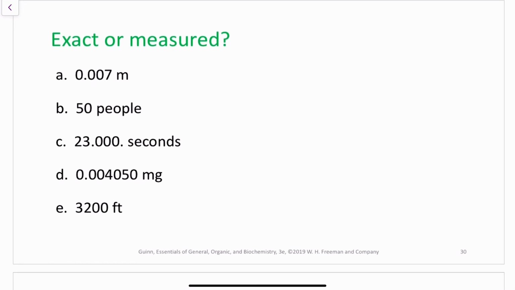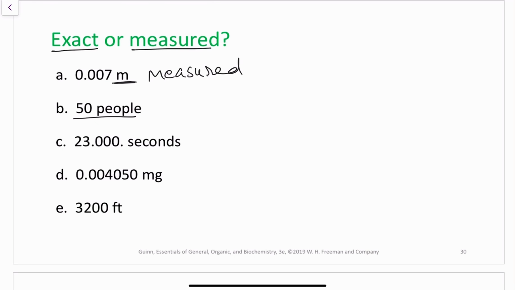Let's take some examples and try to solve this problem and tell which one is exact and which one is a measured quantity. If you say 0.007 meter, the time you see a meter, that means you measured something in length. So this is a measured quantity. 50 people, you are counting 1 person, 2 people, 3 people. You cannot measure it.